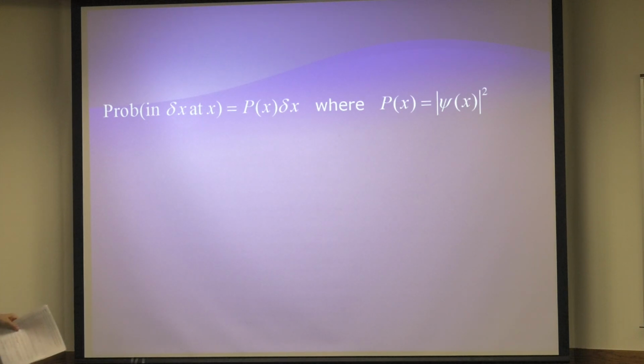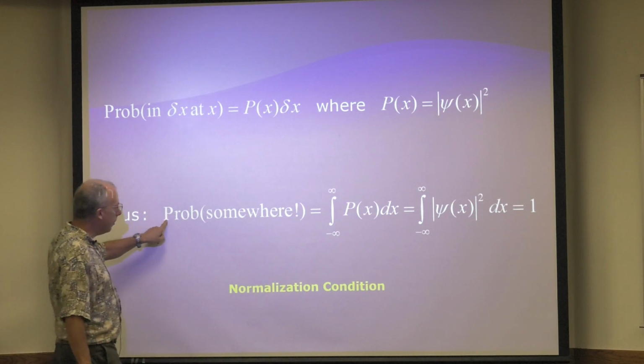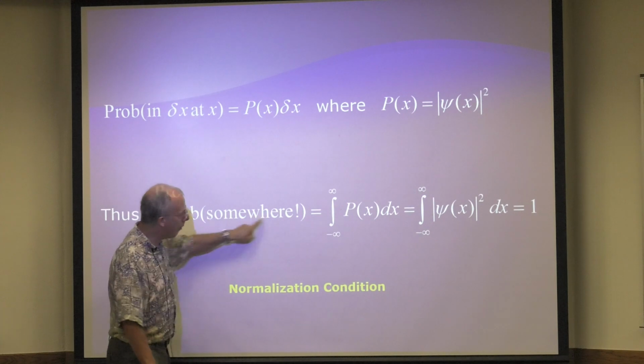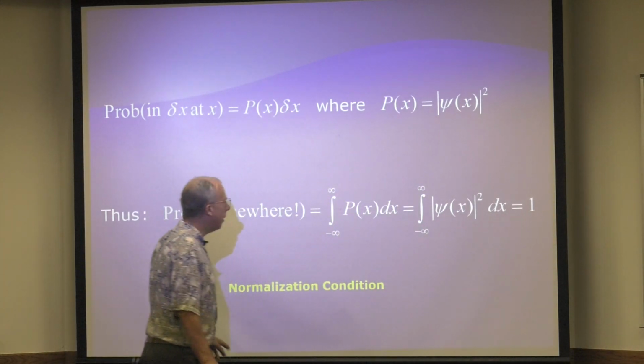We're just going to make it so that the probability that the electron lands somewhere between negative infinity and positive infinity is 100%, is 1. And we're going to do it mathematically. So the probability that the electron lands somewhere equals 1. Here's the math.